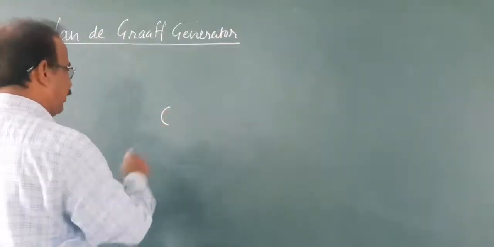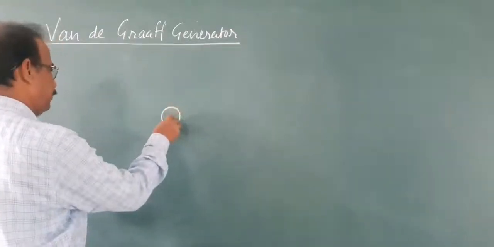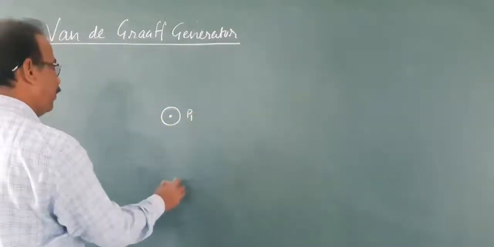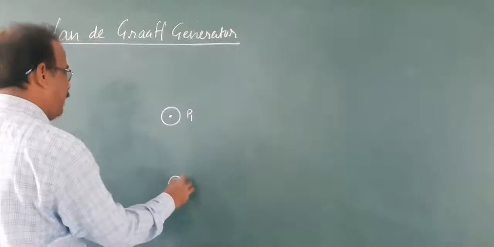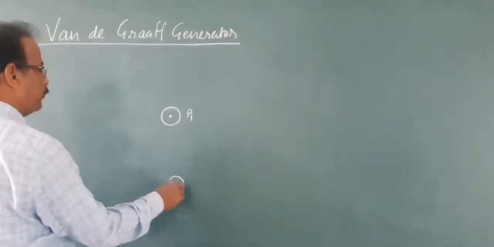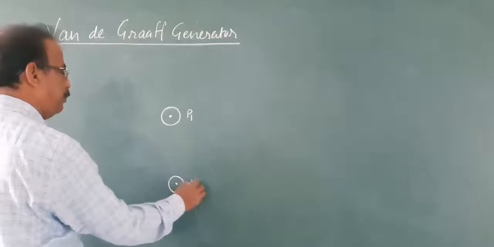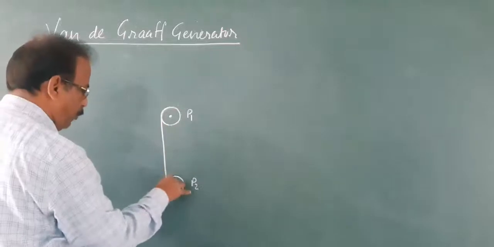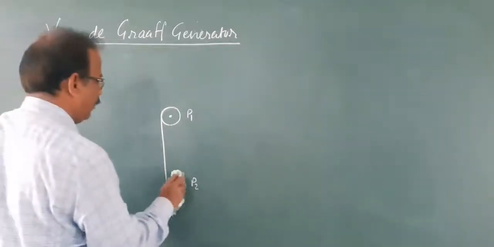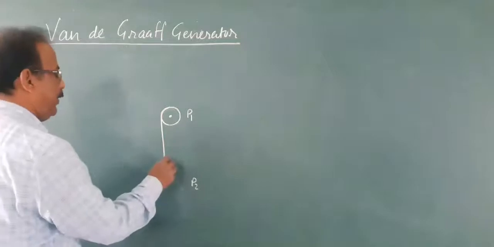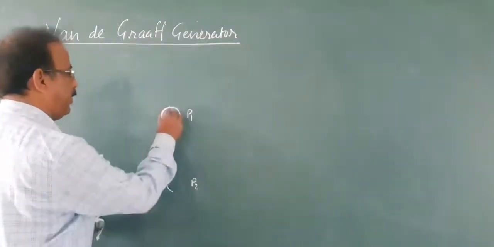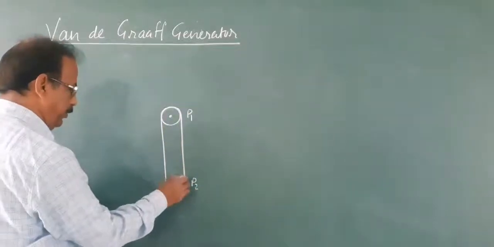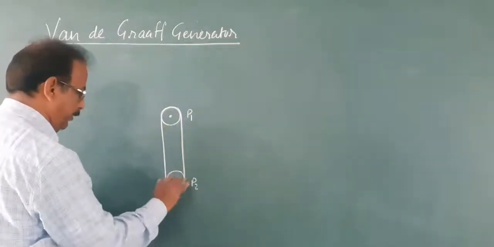This generator consists of two pulleys, P1 and P2, on which a rubber belt runs.